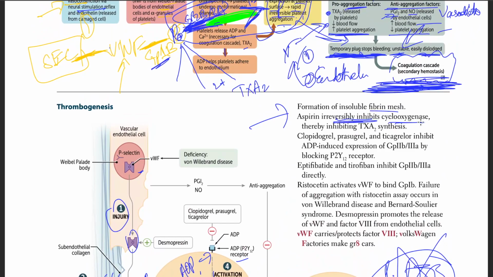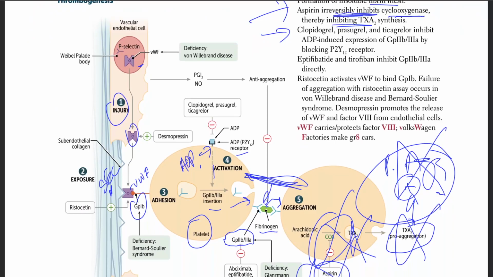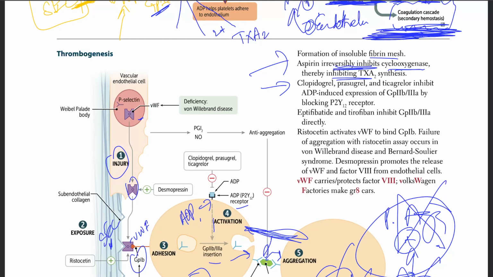Aspirin irreversibly inhibits the COX, thereby inhibiting thromboxane synthesis, while the clopidogrel, the prasugrel, ticagrelor inhibit the ADP-induced expression of the GP2B3As by blocking P2Y12 receptors. So here, these are the clopidogrel, the prasugrel, and ticagrelor.